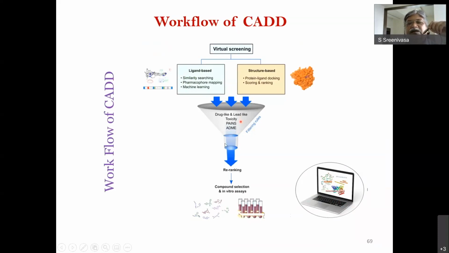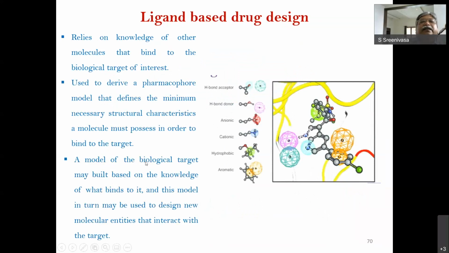Once it works out, you have to rank it. The molecules have to be ranked. Those molecules having a good score can be taken as drug molecules. They will be subjected to in vitro assay, experiments on animals and other things. They will do the experiments, finalize it, and it will come out as a drug molecule. Okay, this is ligand-based drug designing.